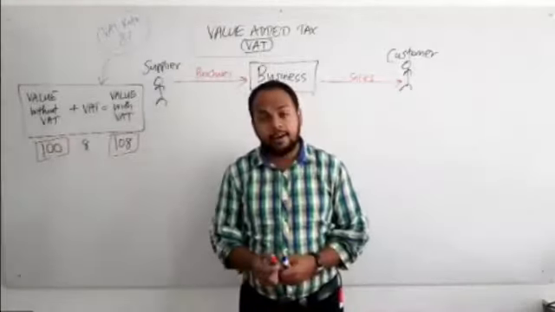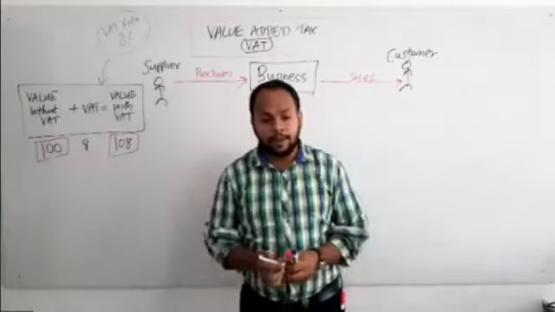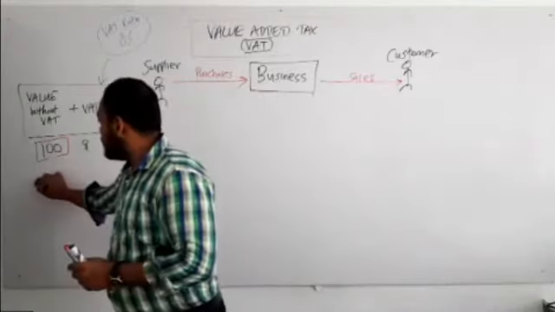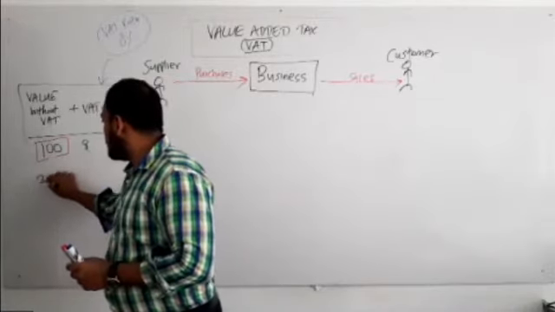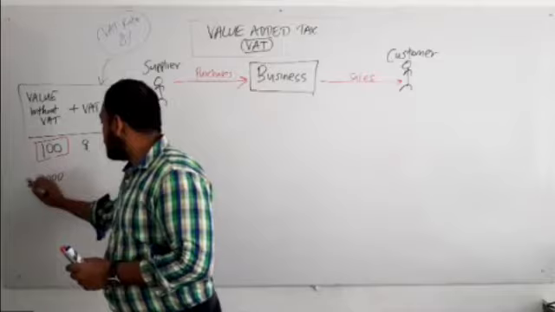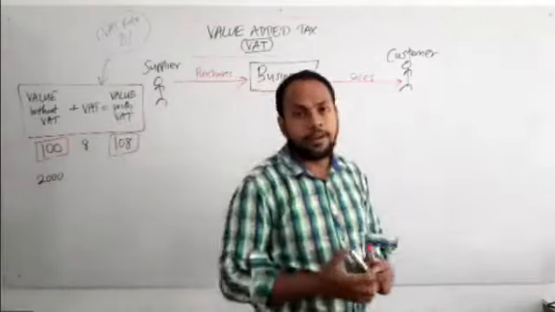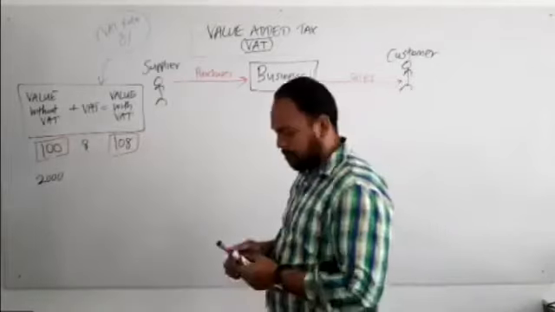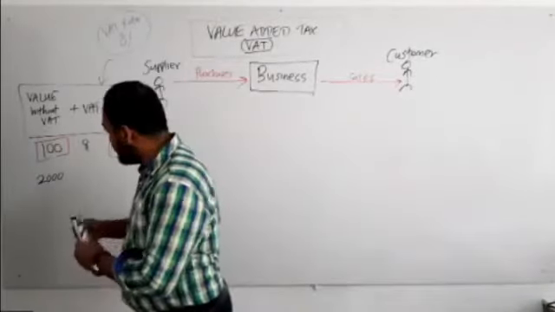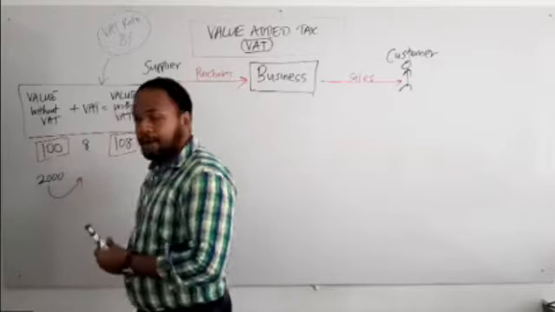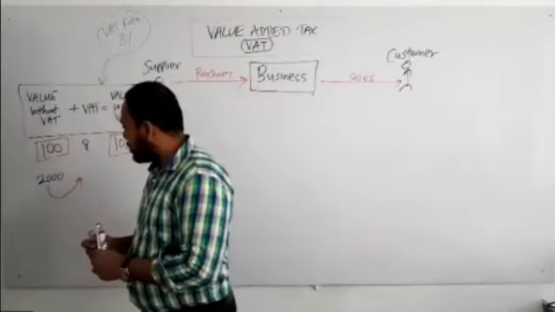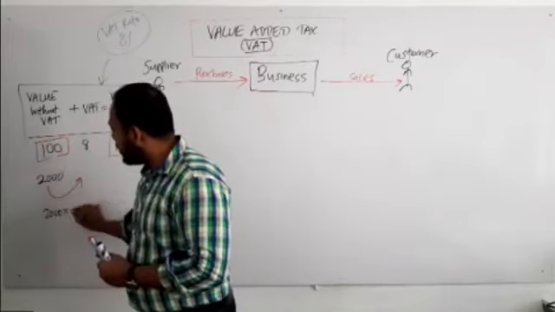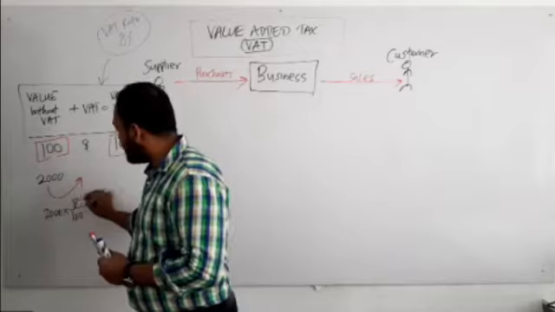Let's say the value without VAT is 2000. Then how much is VAT? It is 8%. So how do you calculate? 2000 divided by 100 into 8.